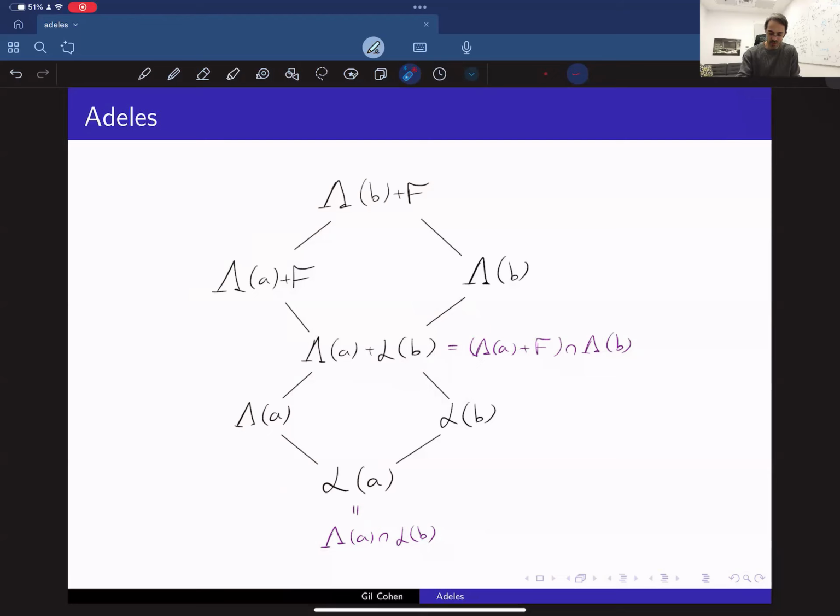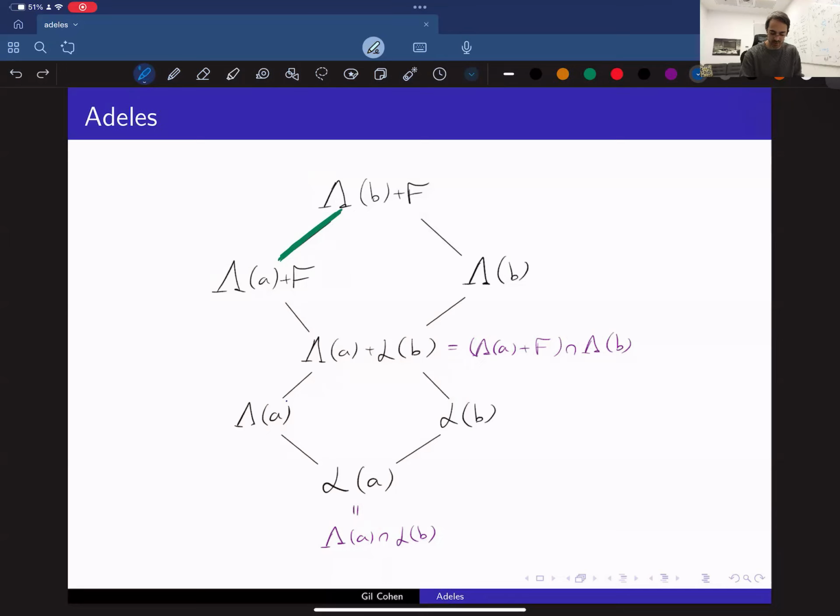So what I'm claiming now, let me maybe write here. We just showed that we are interested in this green thing. We want to understand the dimension of this k-vector space over this one. And by the third isomorphism theorem, this is the same as taking this one.